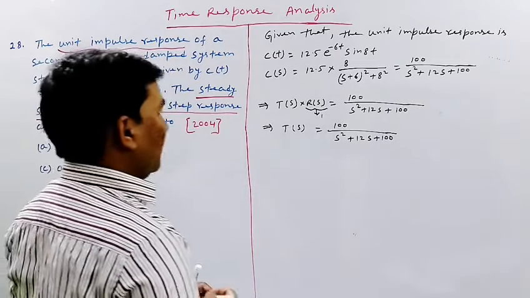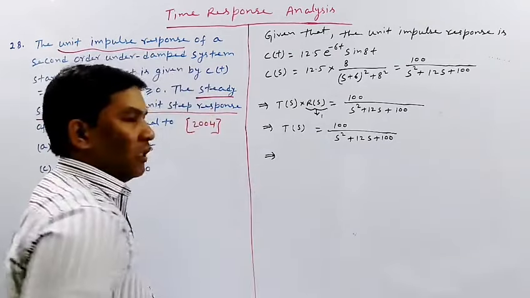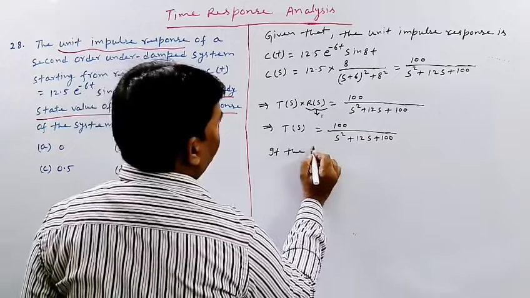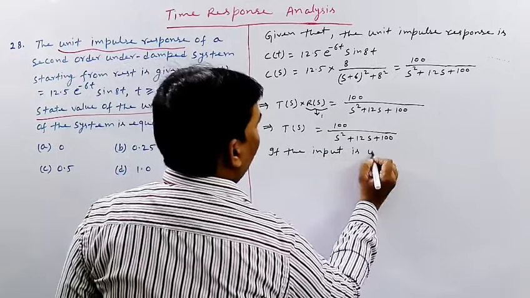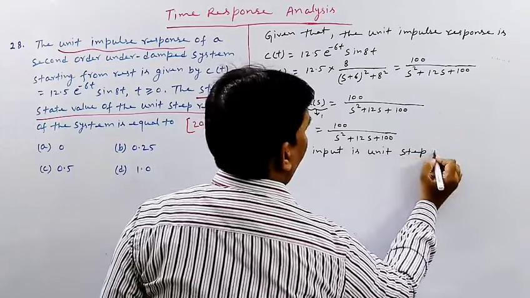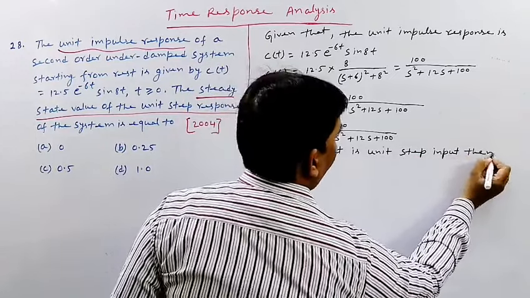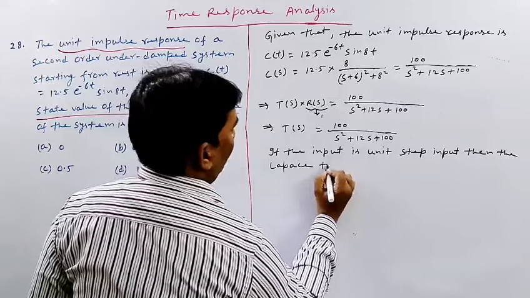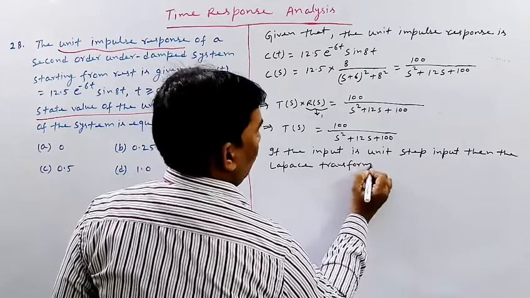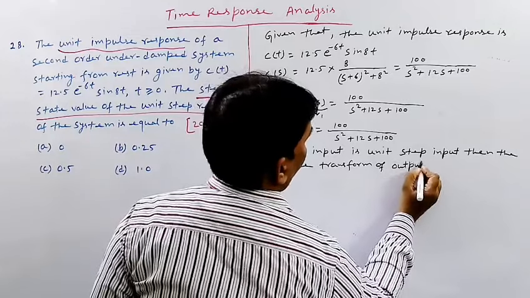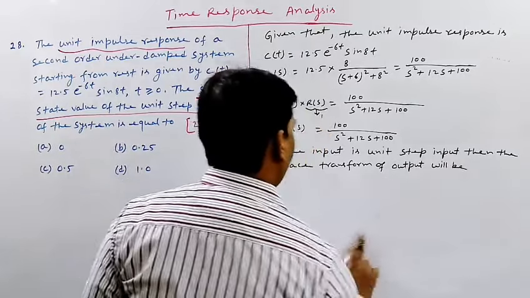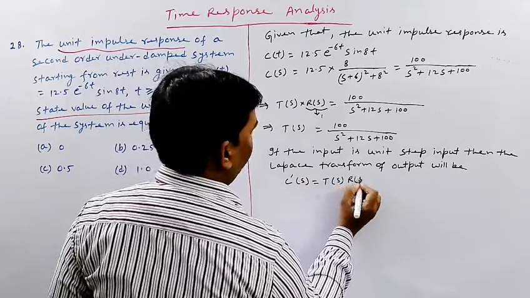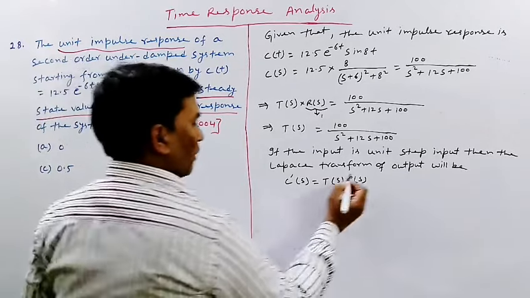So now if the input is unit step input, then the Laplace transform of output, let me denote it by C dash s, will be equal to T(s) multiplied by R dash s.